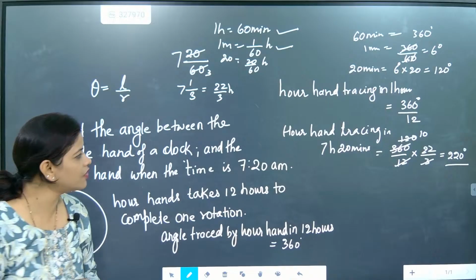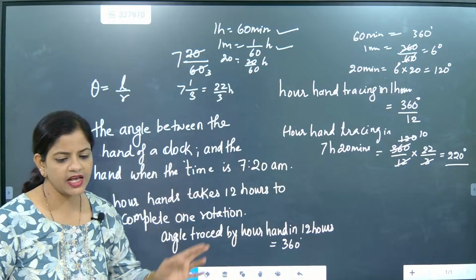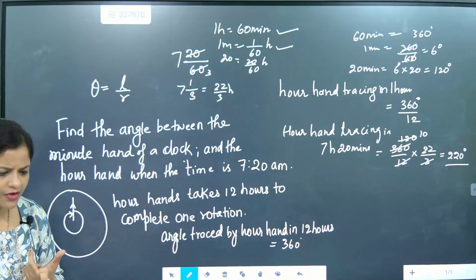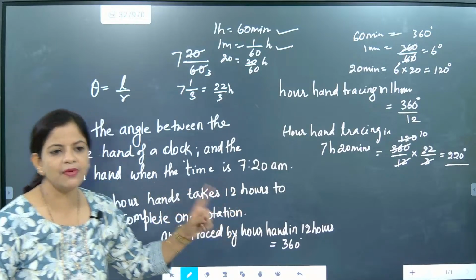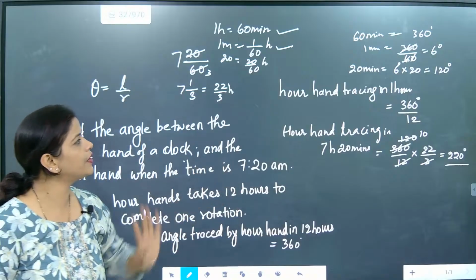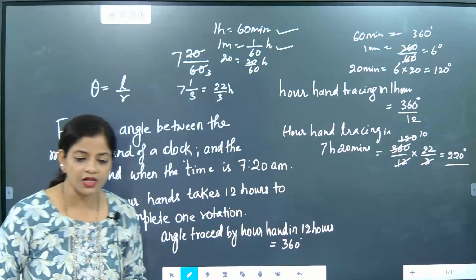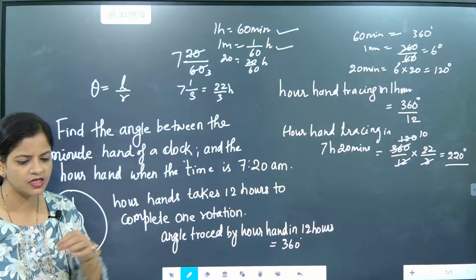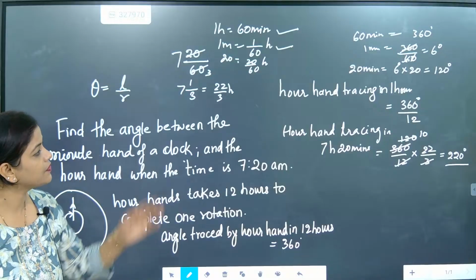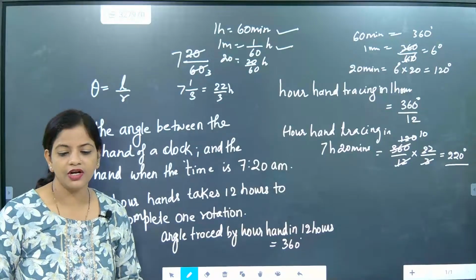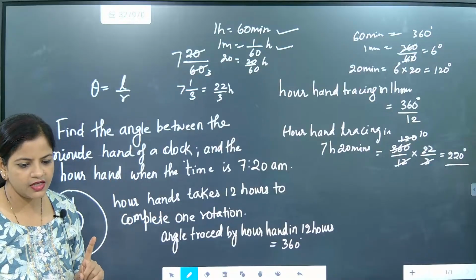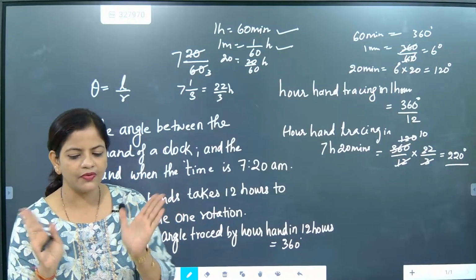First, we took out the total angle subtended by the hour hand, and it came as 220 degrees. Now the minute hand is subtending 20 minutes, and the 20 minutes is converted into 120 degrees.